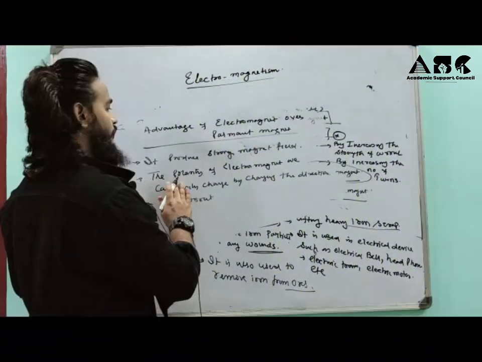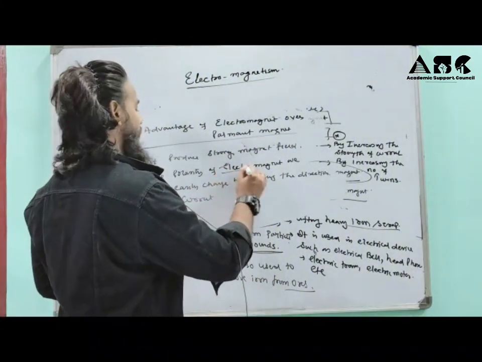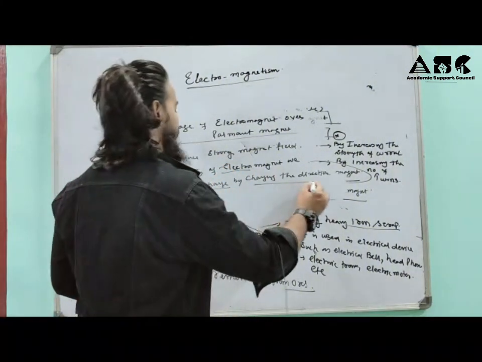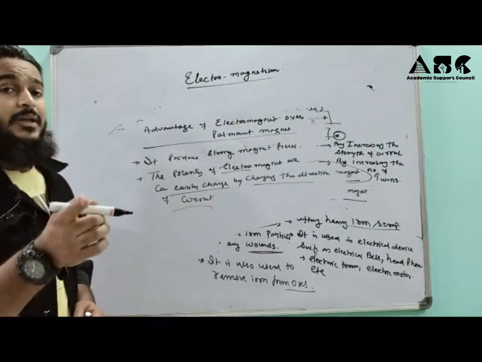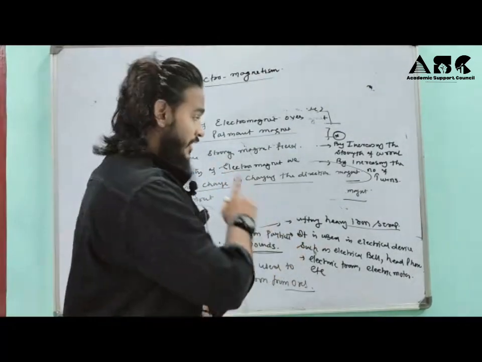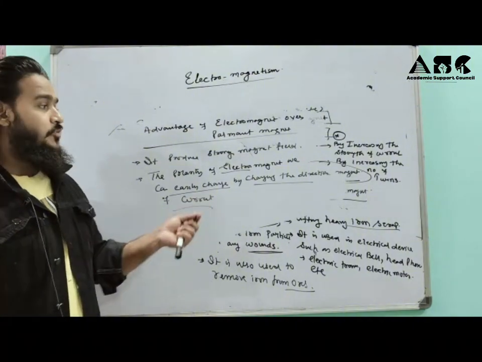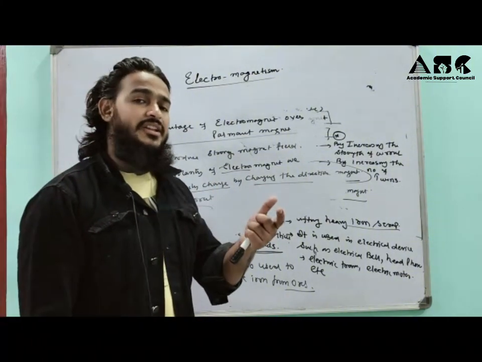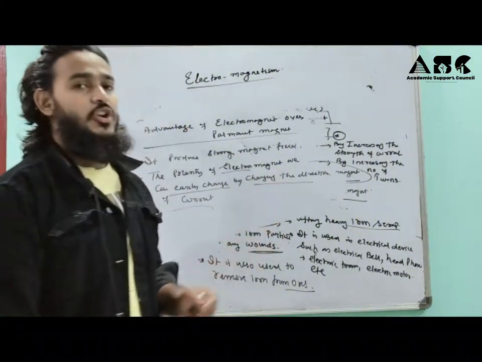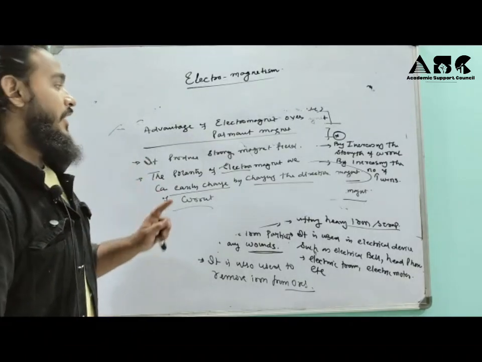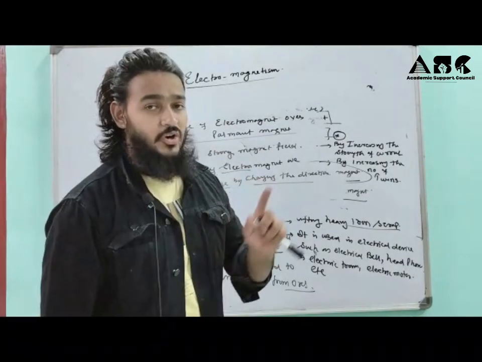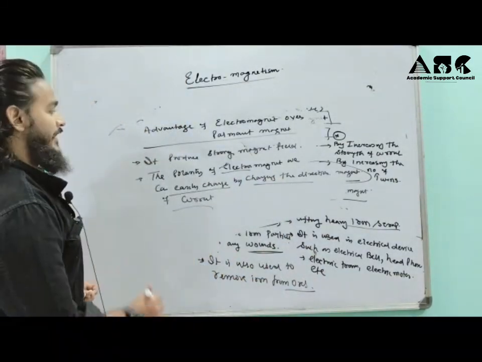Remember this point, the polarity of electromagnet we can easily change by changing the direction of current, but the polarity of permanent magnet we cannot change. For different purposes there is a need to change the polarity. So we can change the direction of the current, we can change the polarity of electromagnet, but in the permanent magnet we cannot change its direction. So the second point is clear.